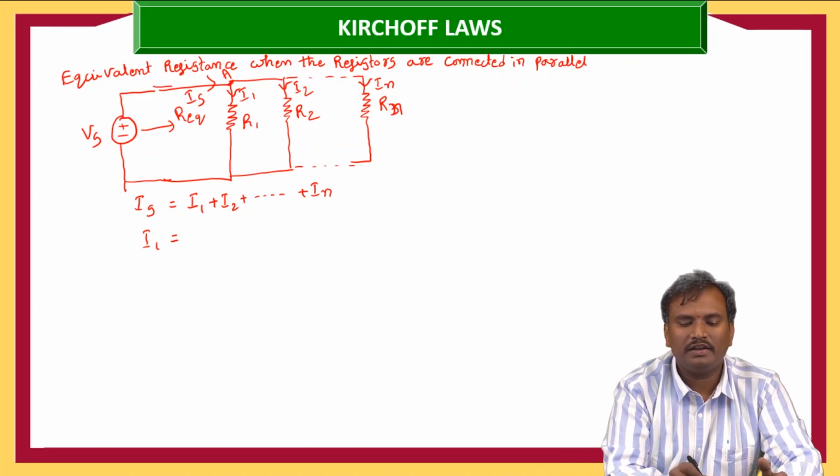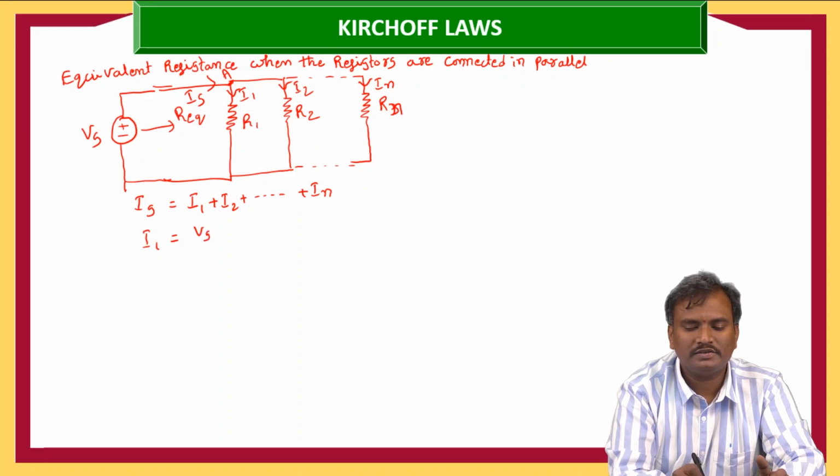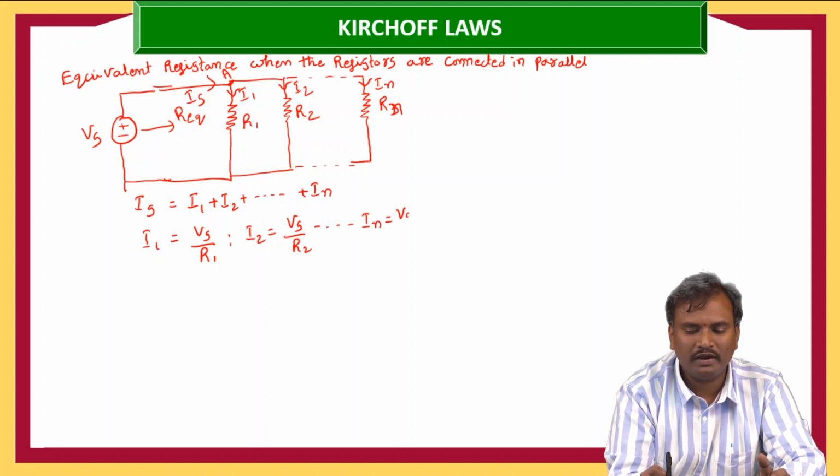So I1 is equal to Vs by R1, I2 is equal to Vs by R2, and so on, In is equal to Vs by Rn.